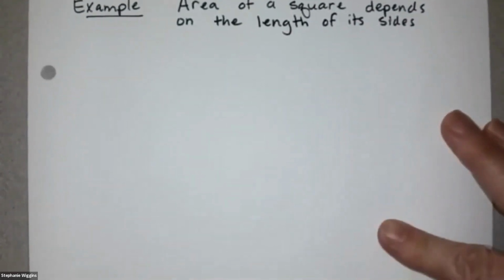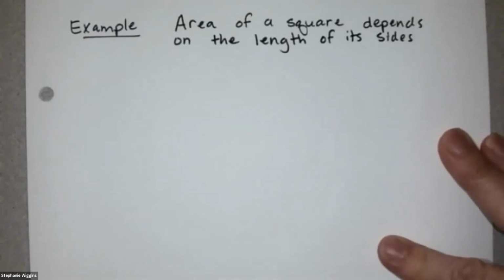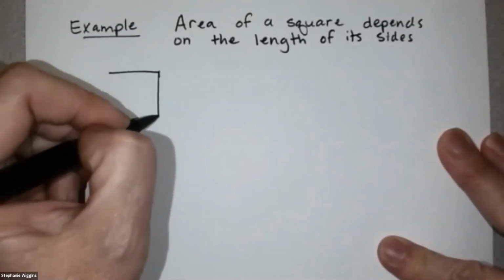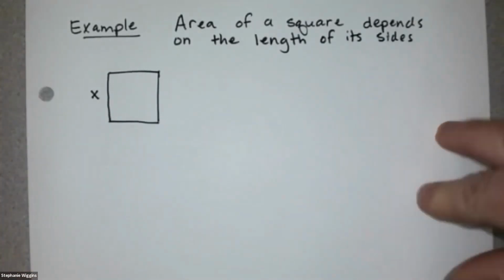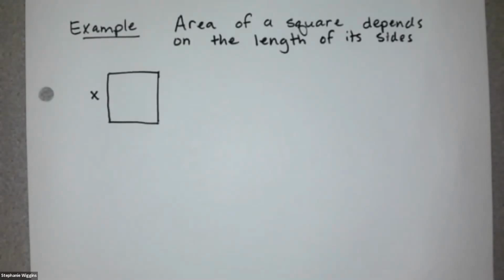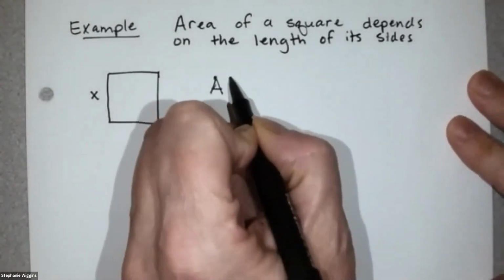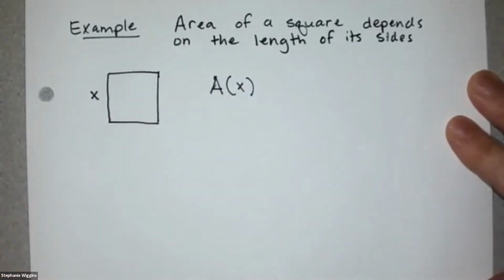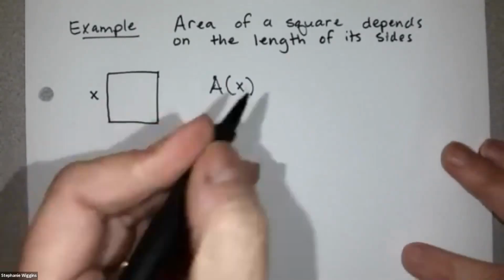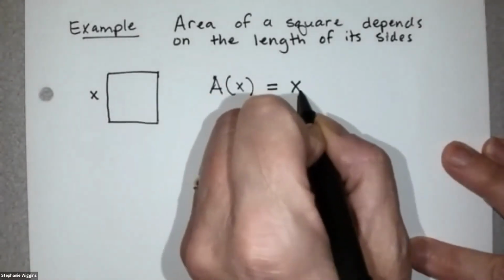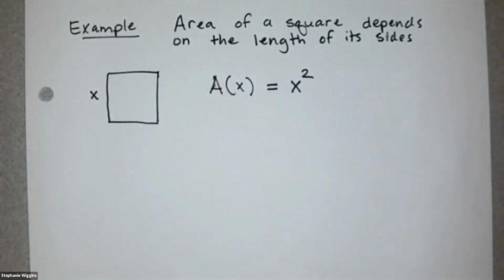So there's our square, and the 4 sides are all the same length. Let's call that x. And so the area is a function which depends on x. So x is the independent variable, and the output, A of x, is the dependent variable. The area depends on x. And the way we calculate the area is we square the length of the side, or x.